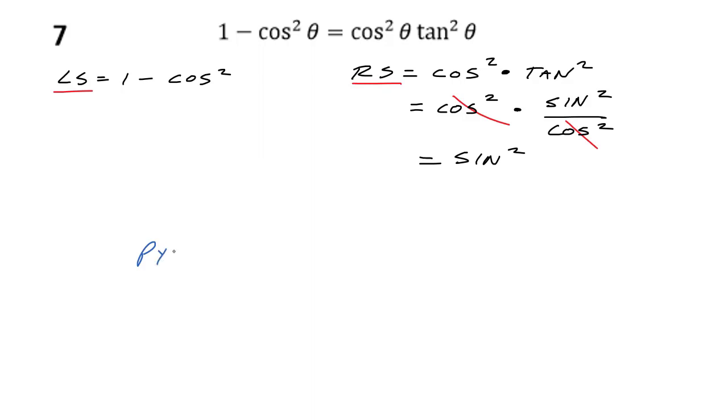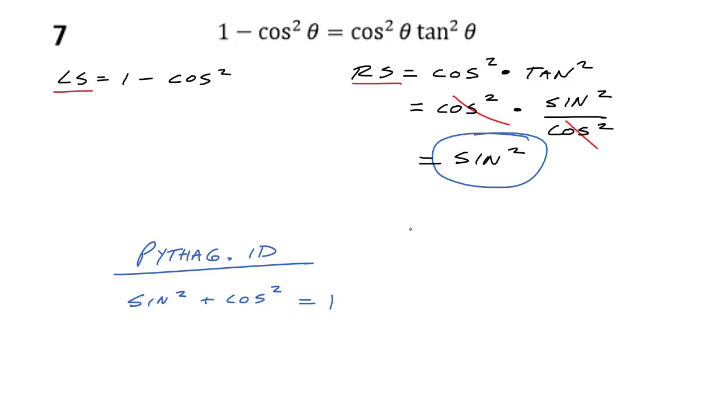So let me write it down. We can approach this a couple of different ways. Pythagorean identity, right? What does that say? It says sine squared plus cos squared equals 1. Well, you can fiddle around and use this a lot more than you might realize. So when you get stuck, start by writing this down and say, okay, let's focus on the sine squared for a second.